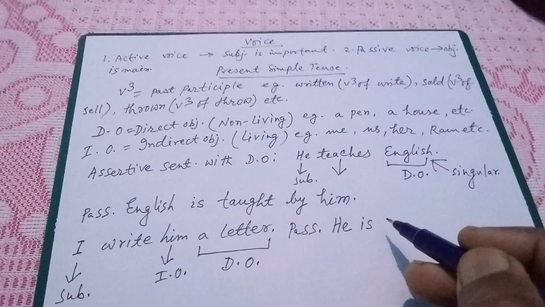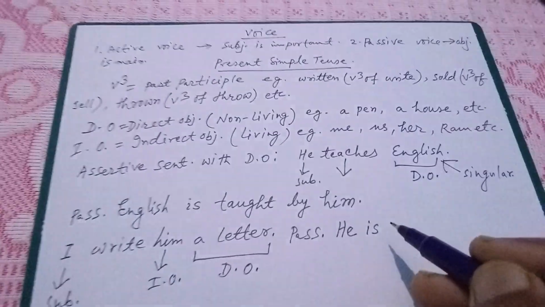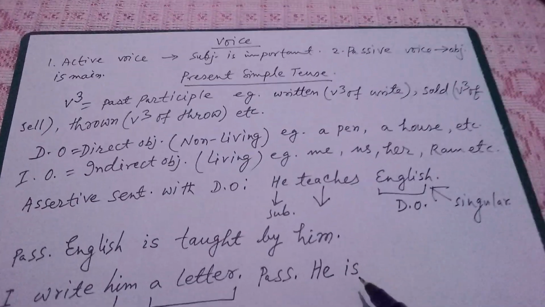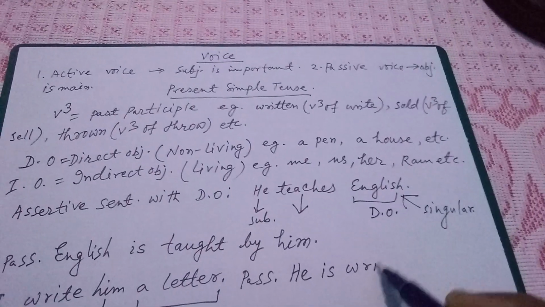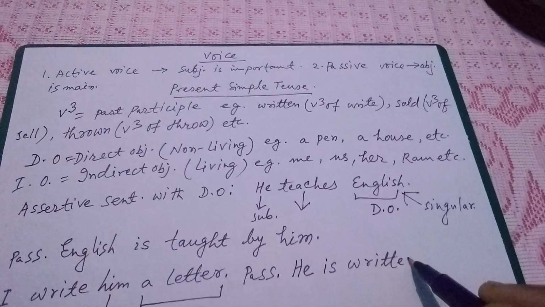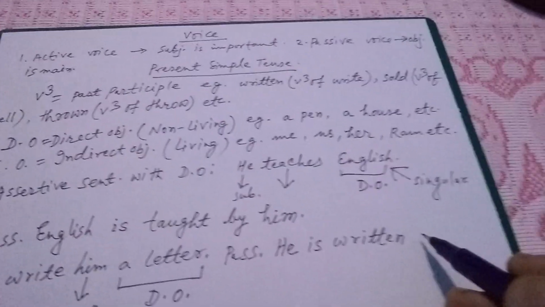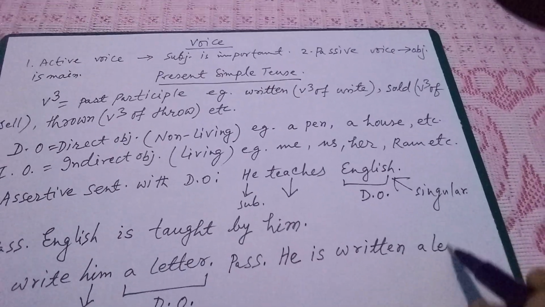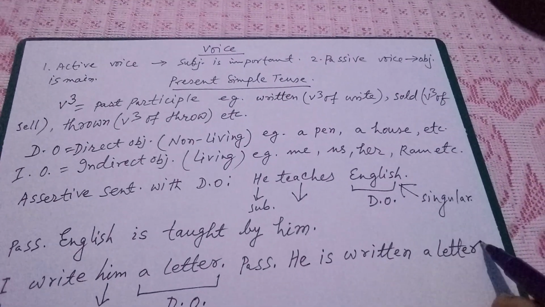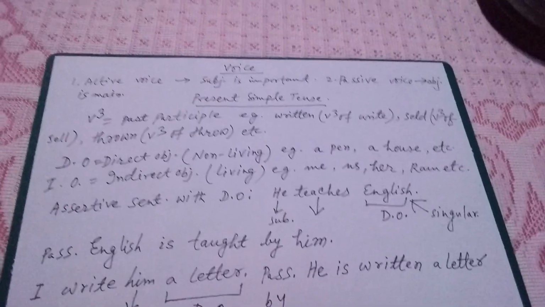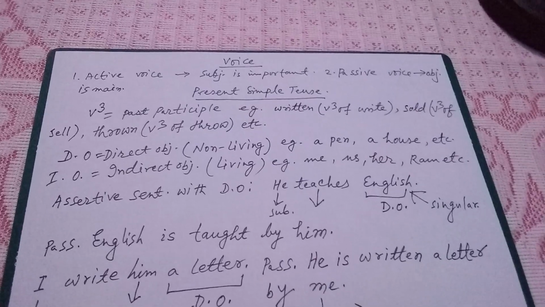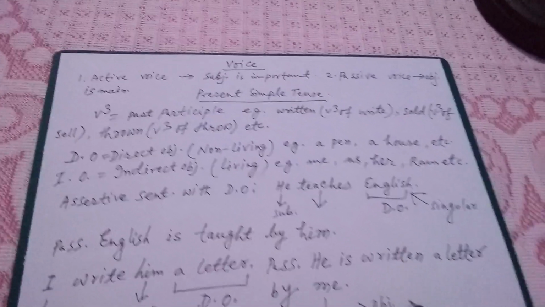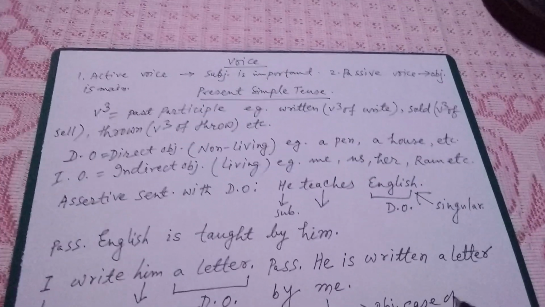He is. Then after that we will write V3. So he is written, and then we will write the object: is written a letter by me. Me is the objective case of I.